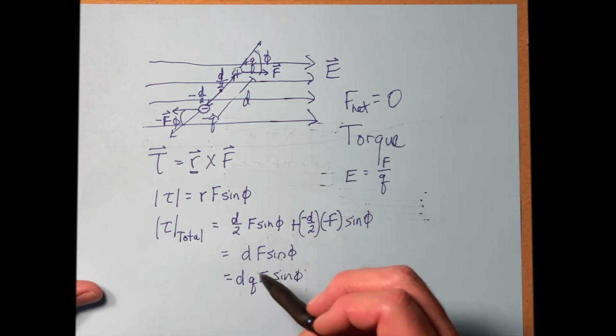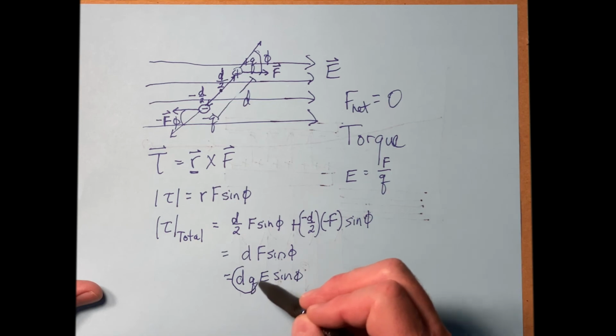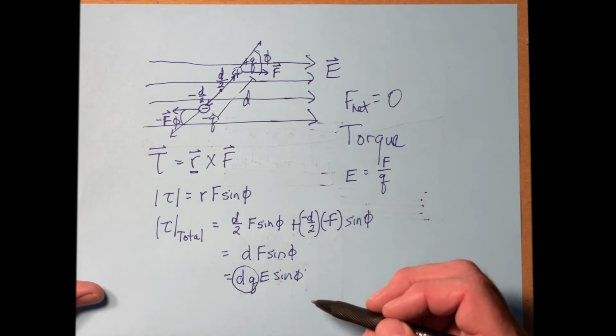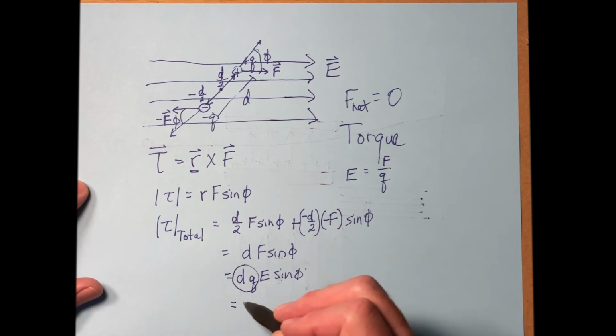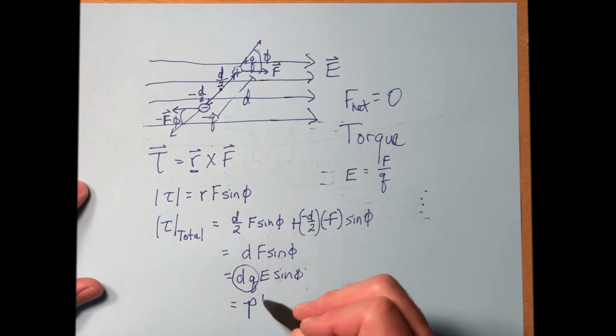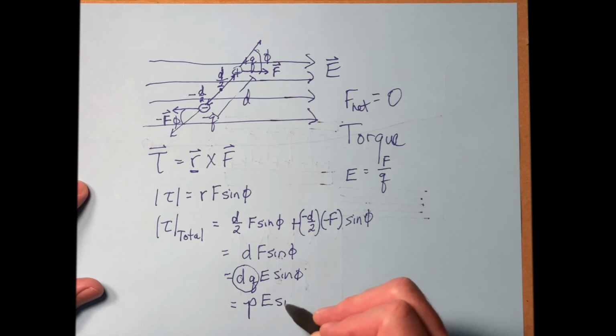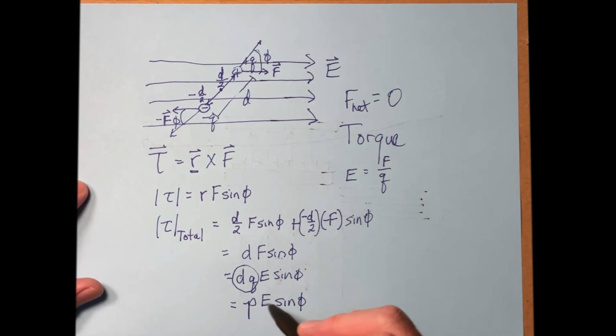Also recall that Q times D, we've already talked about how that is the electric dipole moment. So this is P times E times the sine of the angle between these two.